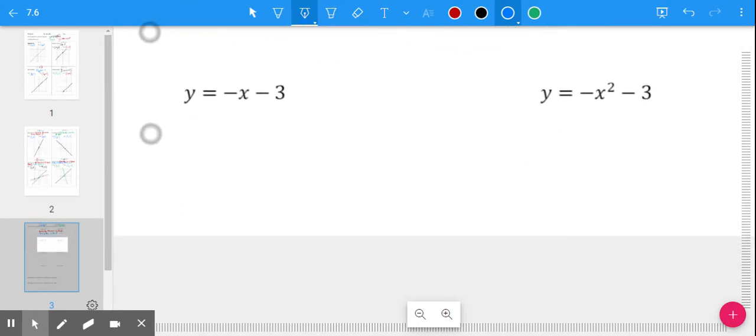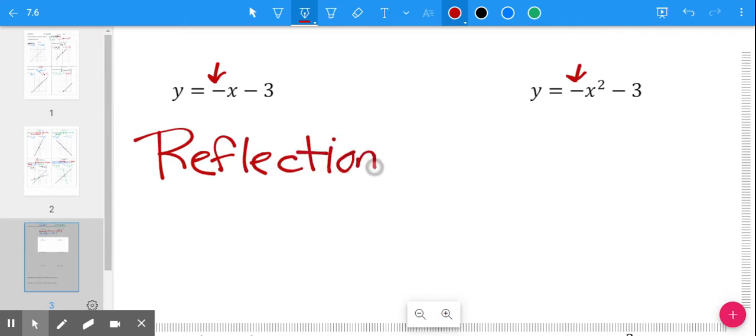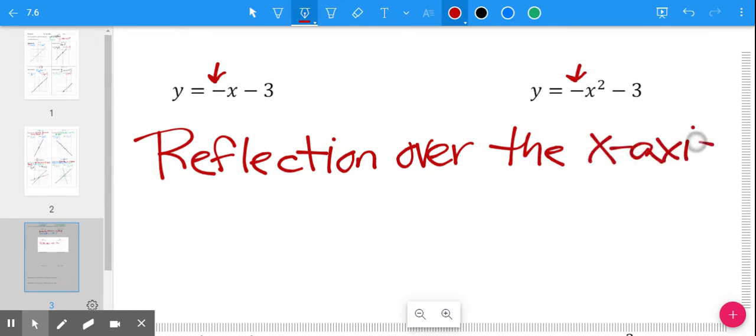So then if we look at the next two, we have that negative in the front, which represents a reflection. And then we also have these -3s. They're outside the parentheses, so they affect the outputs.